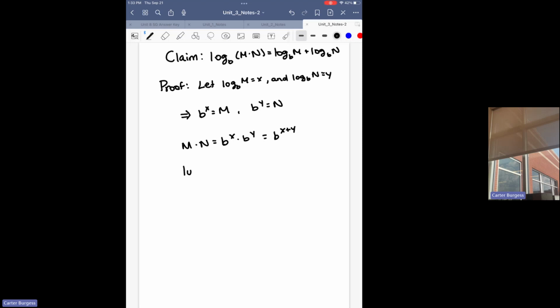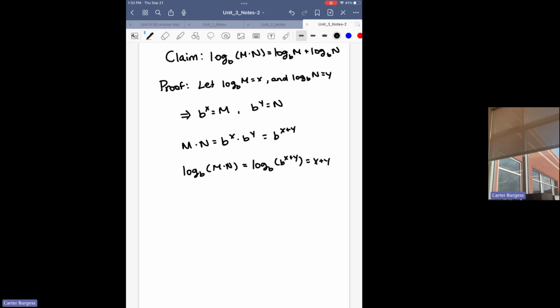And so log base b of m times n, well, really that's just the same as what? Log base b of b to the x plus y. And what is log base b of b to the x plus y going to be? That's just x plus y.